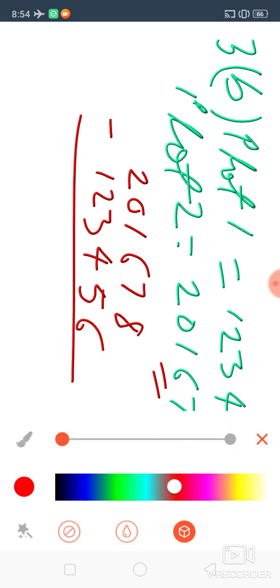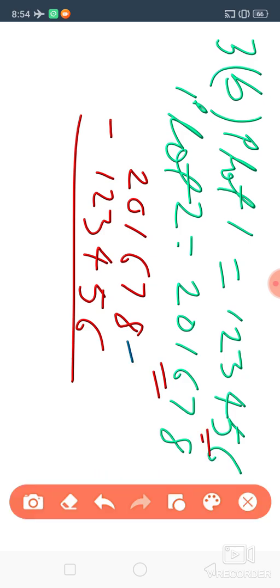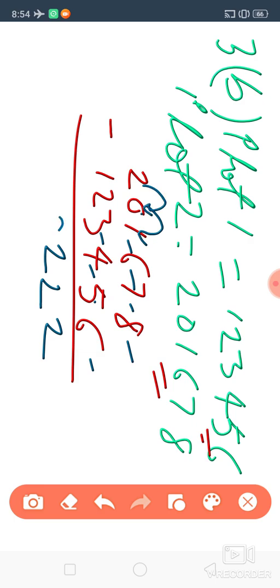So 8 minus 6, how much will you get? 2. 7 minus 5, 2. Then 6 minus 4, 2. Then 1 minus 3, from 1 we cannot subtract, so from here we'll borrow. Again here it is 0, so again we'll borrow from here. So this will become 10 plus 1, 11. 11 minus 3 will get 8.